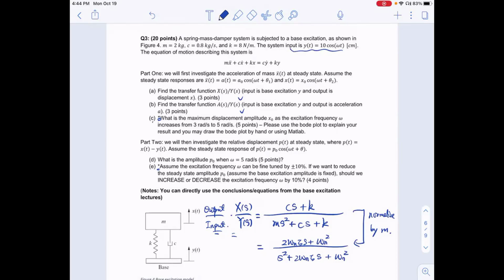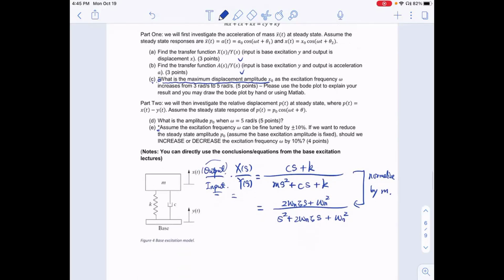For part C, the output is usually associated with the parameter of interest. Part C asks what's the maximum displacement amplitude, x naught. So that means we want to analyze your output displacement x. That's why your output has to be x, all right? So then you have this transfer function.